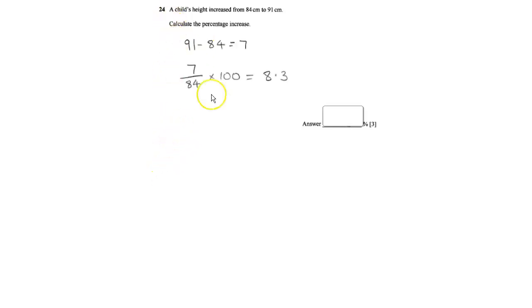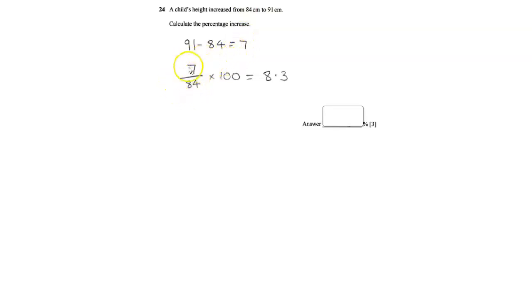Question 24 is a child's height is increased from 84 centimetres to 91 centimetres. Calculate the percentage increase. First of all, we have to find out how much it increased by. To do that, we take away those numbers. 91 take away 84 is equal to 7. We put this on top of our fraction.